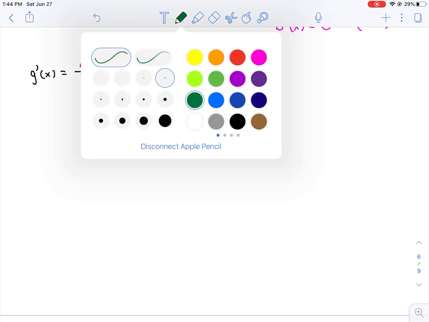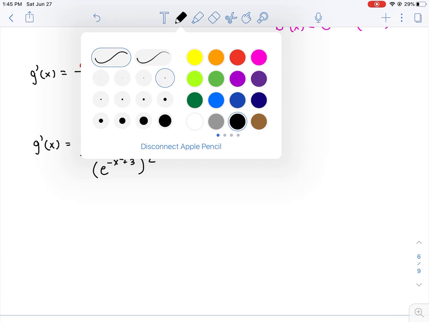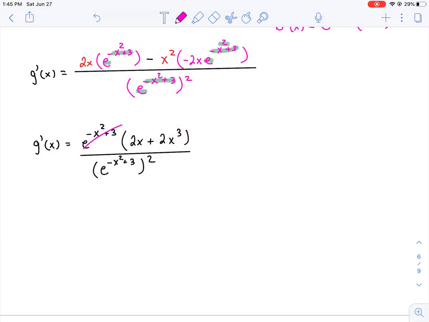So what I'm going to do is factor that expression out of the numerator, so that you can clearly see that we are able to divide one factor in the numerator with one factor in the denominator. So the derivative is the following.